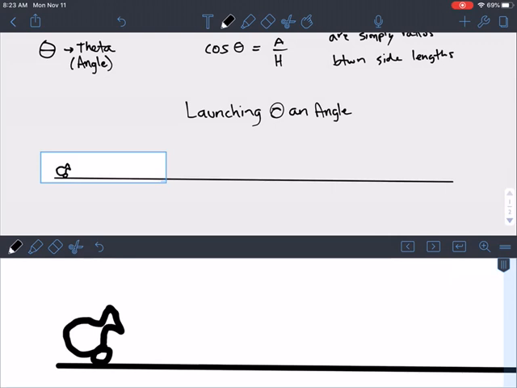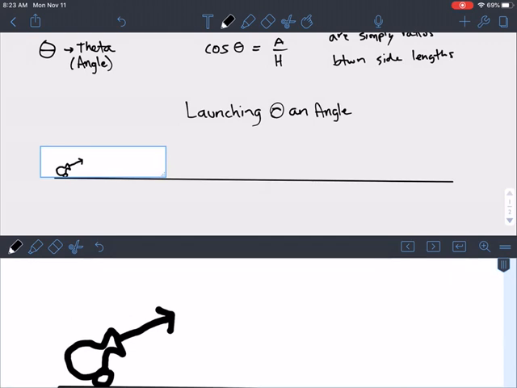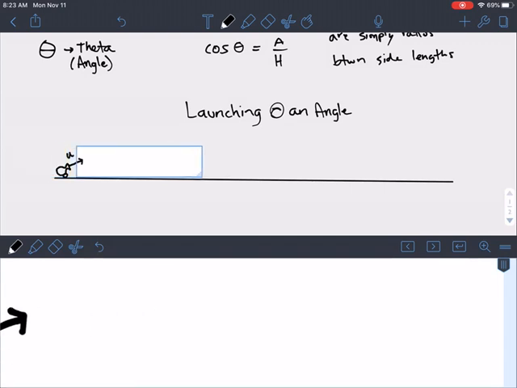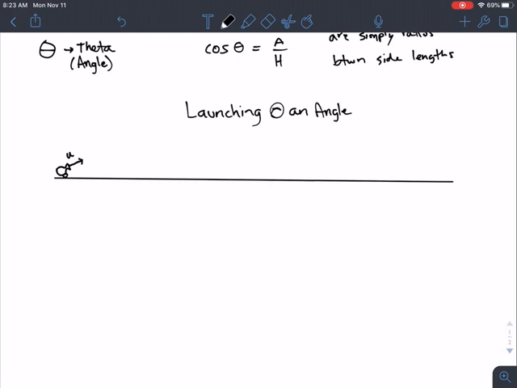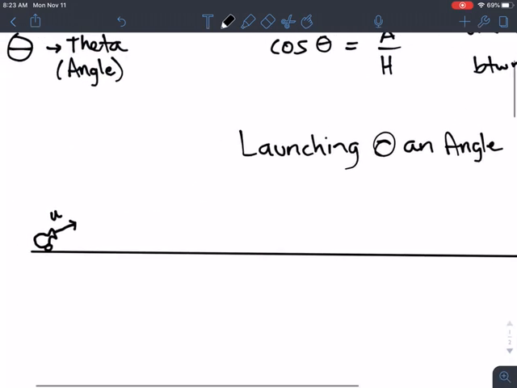So when the cannonball is fired, it's going to come straight out this way, and it's going to have some initial velocity. Right. And it's going to take a parabolic path and kind of do something like this.